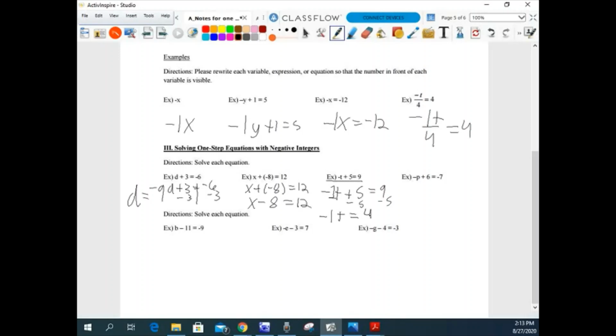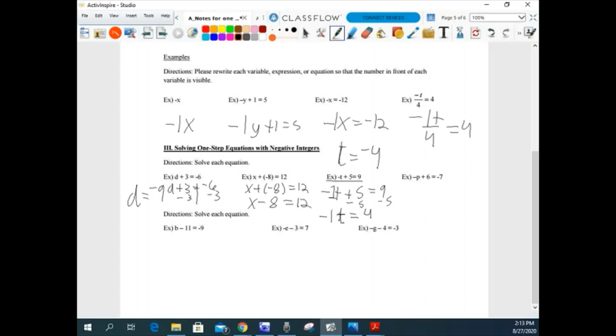Now we're not quite done yet. We still have a negative in front of this t. We are trying to get it to be just the variable, all by itself. So what I'm going to do is take this negative 1 and flip whatever my sign is over here with my 4. So if my 4 was positive, now it's going to be a negative number.